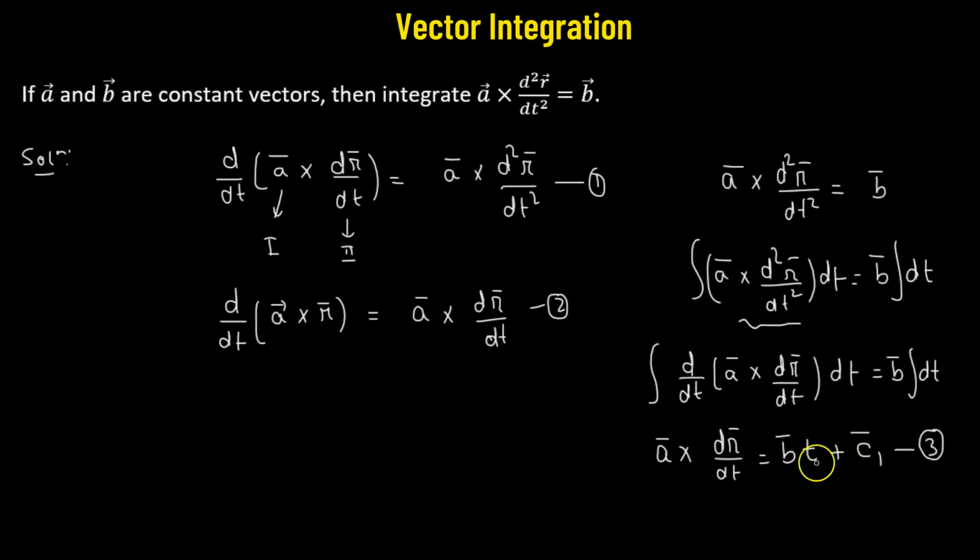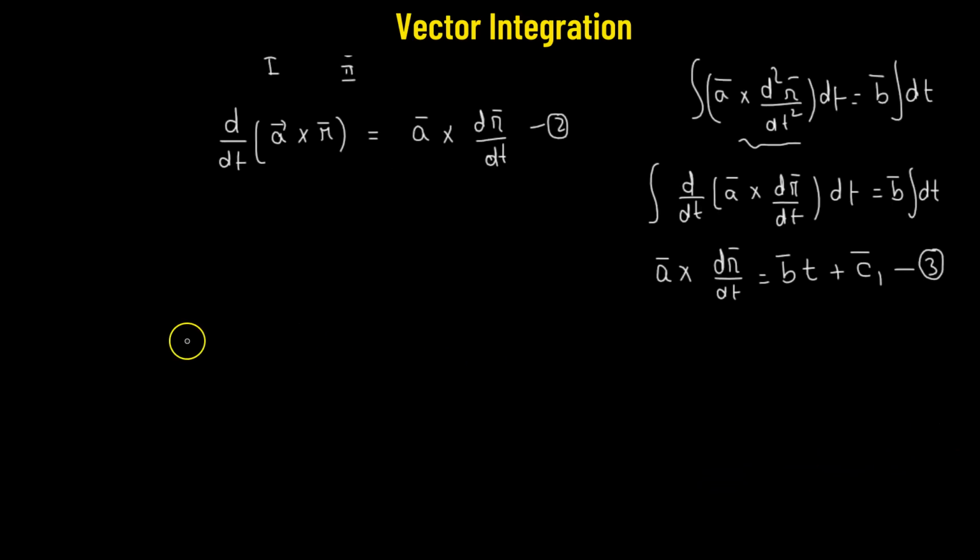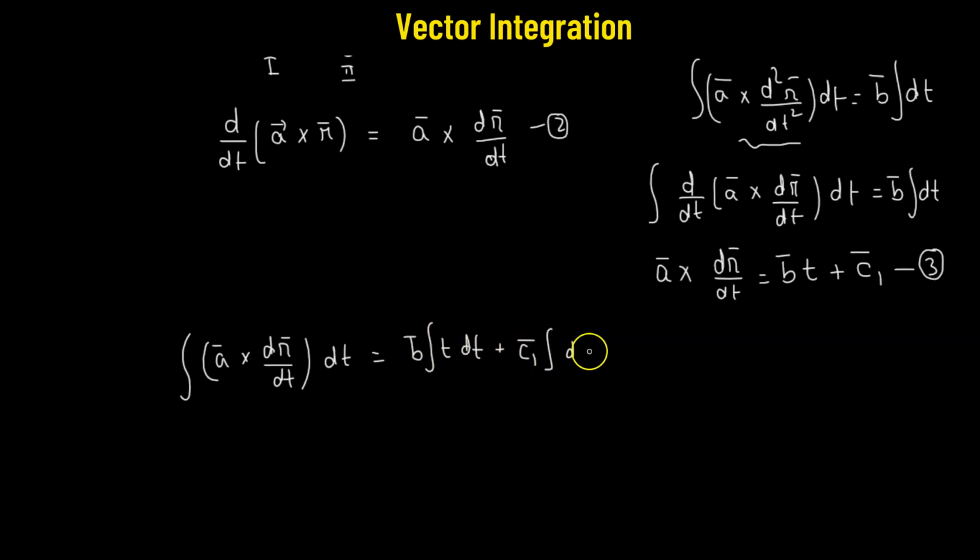Now we'll integrate both sides of equation number 3. That means we have the integration of vector a crossed with the first derivative of vector r with respect to t, multiplied with dt, equal to b vector times the integration of t dt plus c1 vector times the integration of dt.